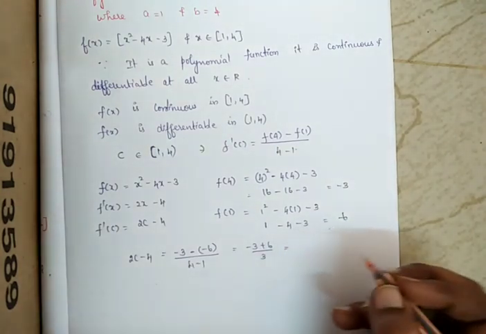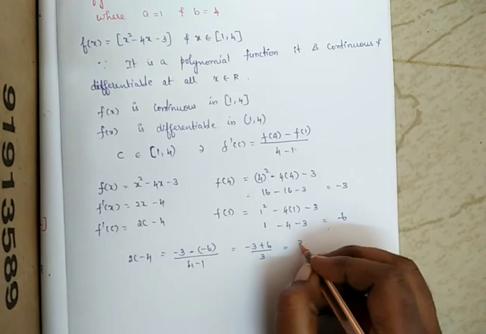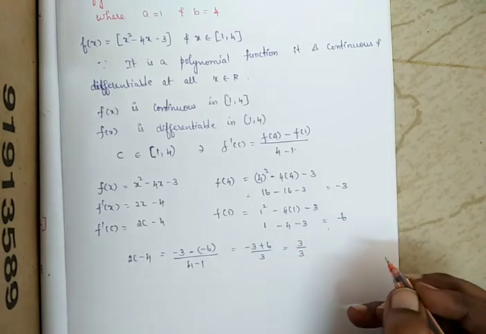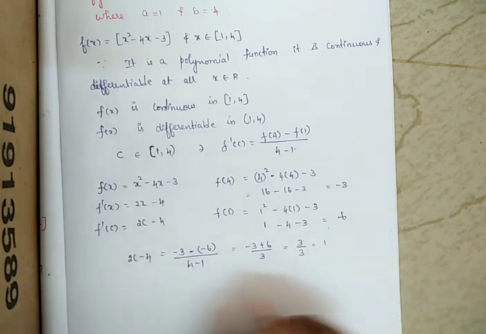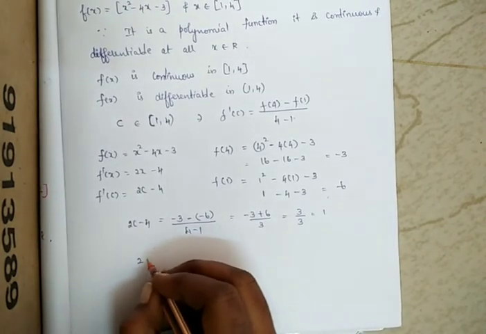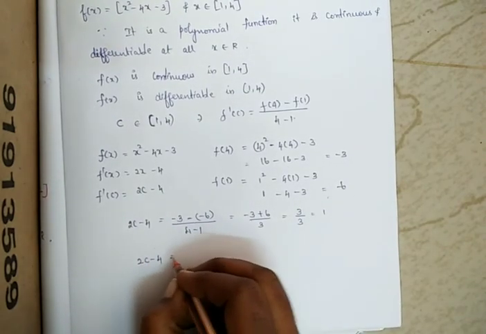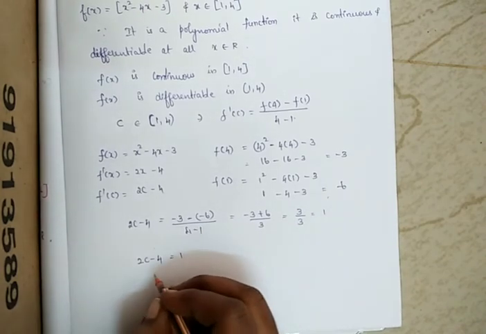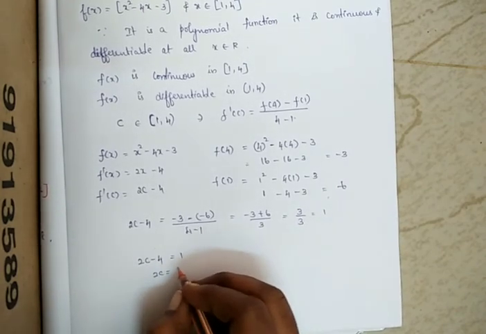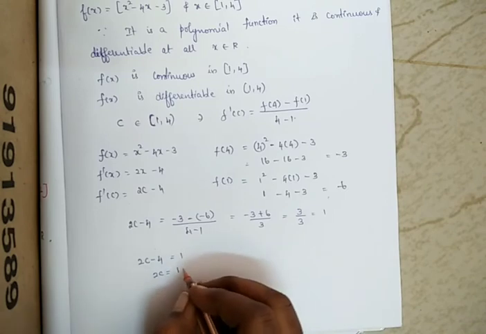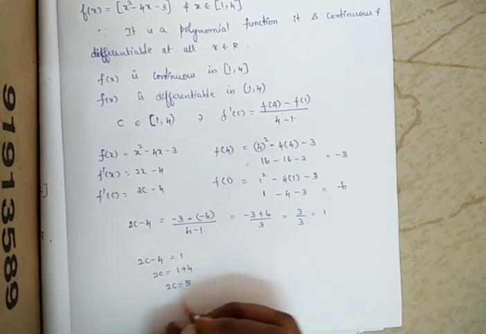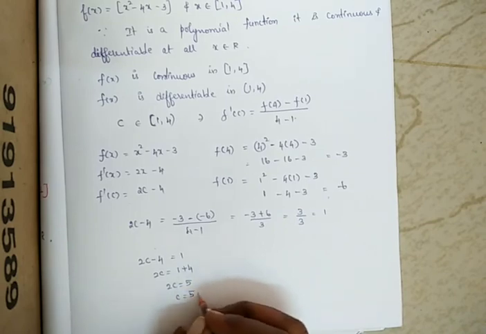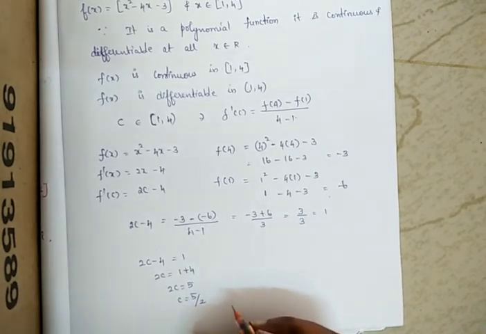So this is equal to plus 3 by 3, that is equal to 1. Now we got 2c minus 4 equal to 1. Now 2c is equal to 1 plus 4, when it goes to the other side it will become plus 4. So 2c is equal to 5. C is equal to 5 by 2.